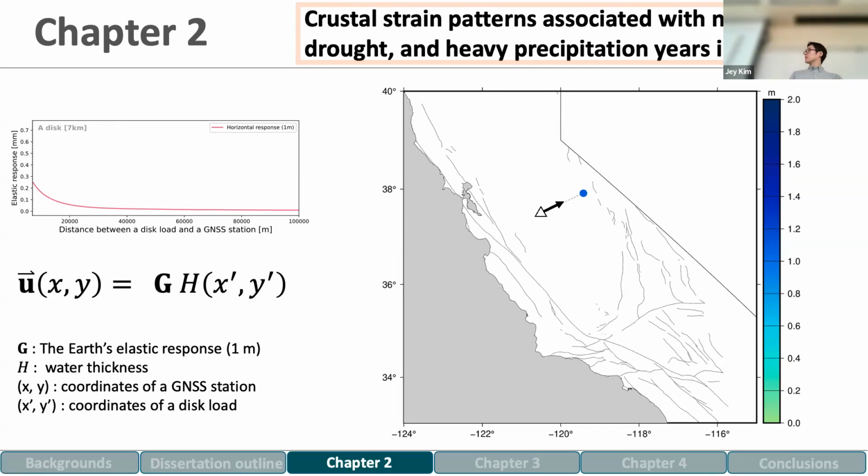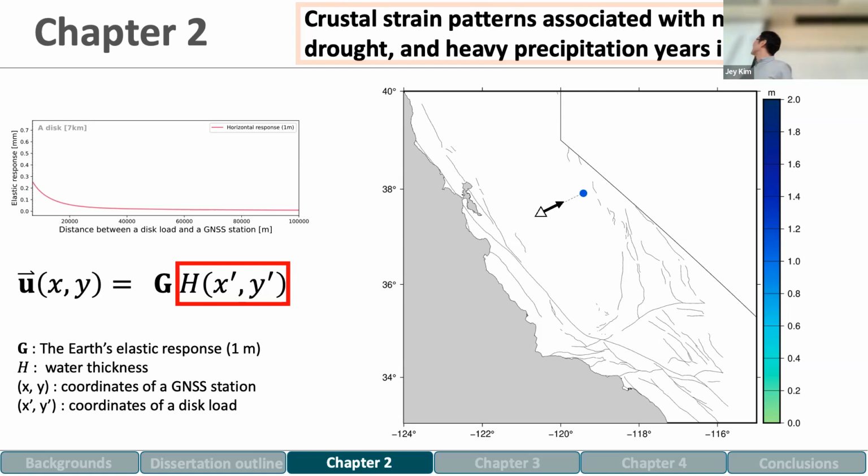To obtain this Green's function, I use the JPL software, ISSM, and it involves a lot of math. It's very difficult to obtain, but once you obtain it, it's great because you can use this function as a kernel function and the system is linear. So all you need to do is have the water thickness and multiply the thickness by this Green's function response, then it will give you the horizontal response.